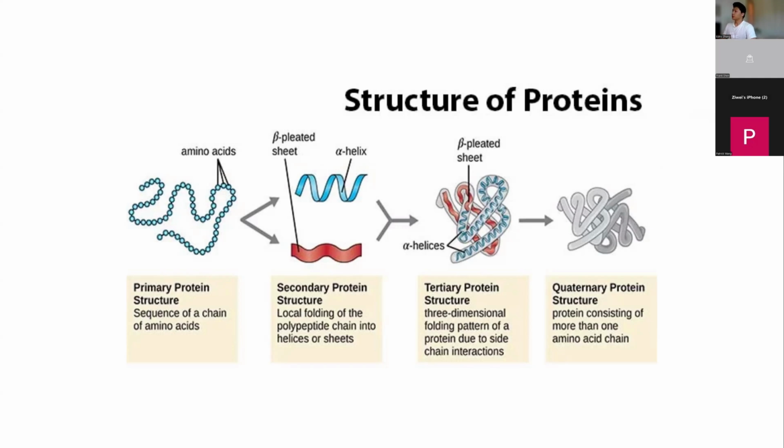Next, we get into the more functional forms of protein. So the things that actually do stuff in your body. And this starts from the tertiary protein structure. This is where we have all kinds of different interactions between the amino acids.